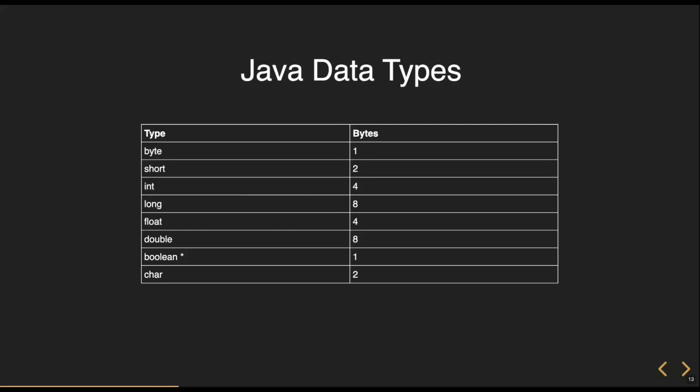Then you have the character. So since all the JVMs use UTF-16, they always use 2 bytes for this. You have a reference. So that's basically like a pointer to an object. So references will use 4 bytes on a JVM, on a typical one. If you're actually using a 64-bit heap for the JVM, so I talk about the heap because it's actually not really the OS itself which matters.